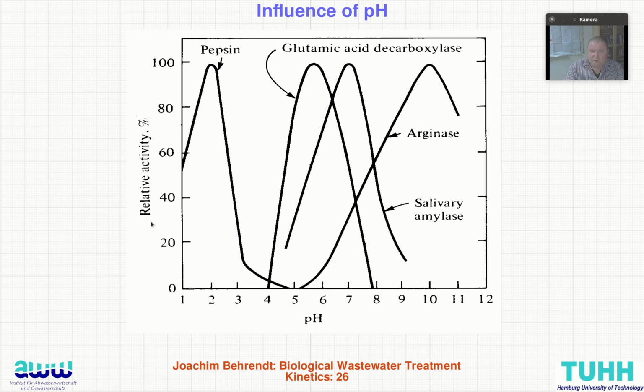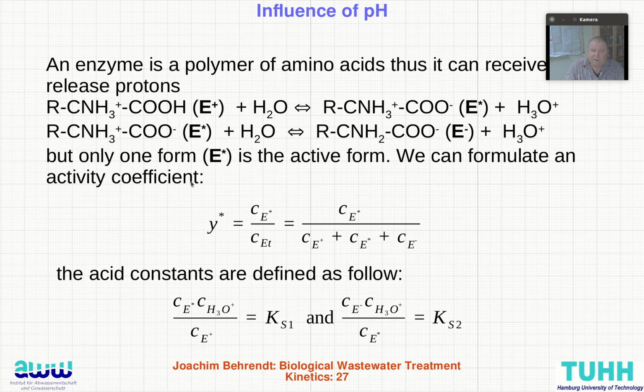Not to confound this. There are other dependencies of the enzyme kinetics. One important factor is the pH. The pH can influence the activity of enzymes, and this depends very much on which enzyme is used. The idea behind it is that enzymes are polymers of amino acids.